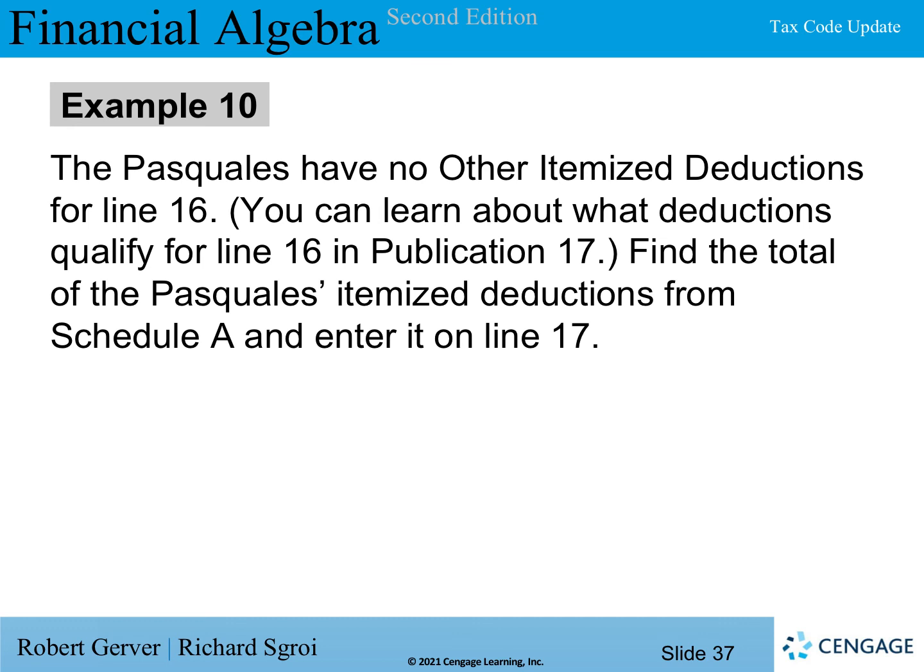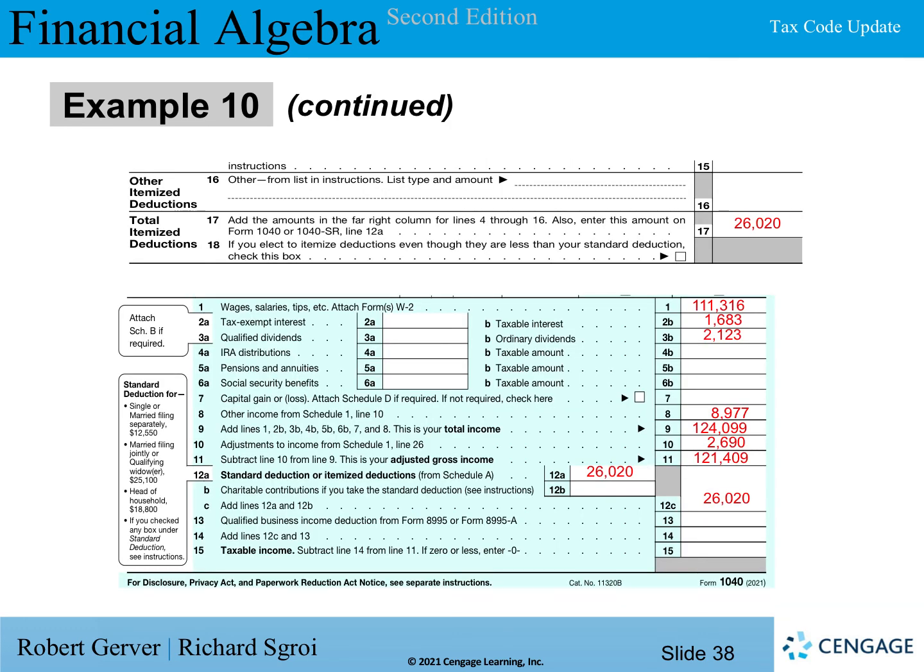So that's it for their itemized deductions. So now let's see what the total is for their itemized deductions. So we add up the total and we come out with $26,020 of itemized deductions.